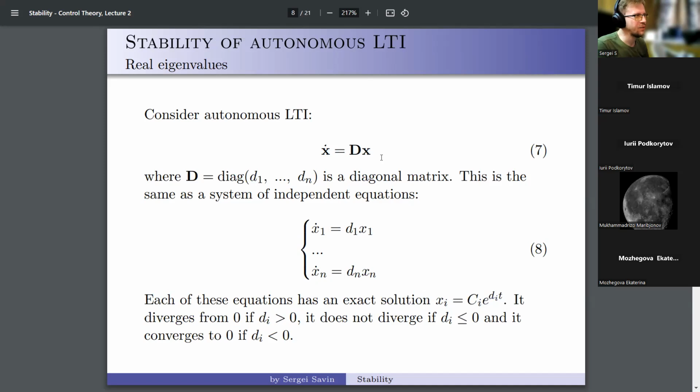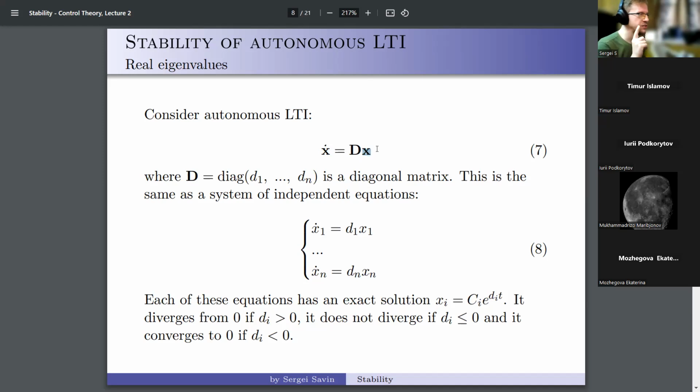I guess we can make one more convenient observation here while we work with such a simple system with a diagonal matrix D. If D has elements which are not zero, like all elements of D are not zero, the only x that can make x dot equal to 0 is 0, right? There is no other x that can possibly deliver us to a critical point, only x equal to 0.